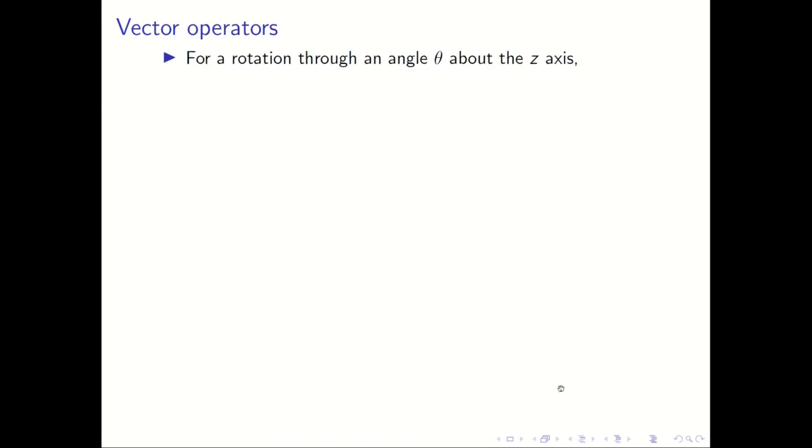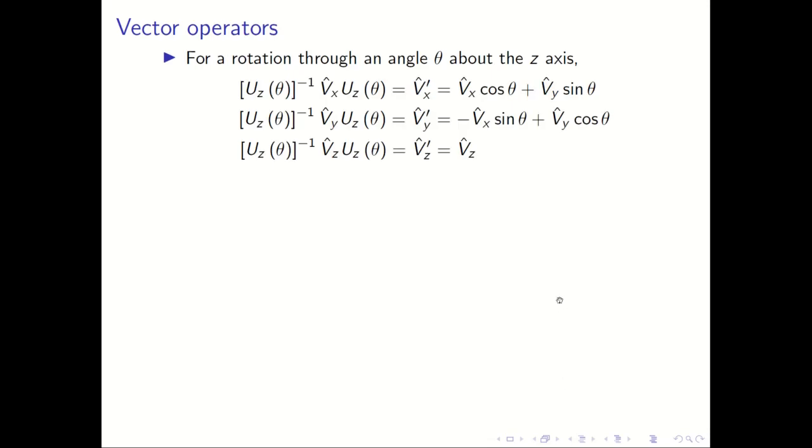Now let us look at a specific example. If we rotate through an angle θ about the z-axis, we all know what would happen to coordinates, and what happens to vector operator components is exactly the same. So Vx becomes U_z(θ) inverse Vx U_z, which is the new Vx prime, and that's the same combination that we had for coordinates, Vx cosθ plus Vy sinθ.